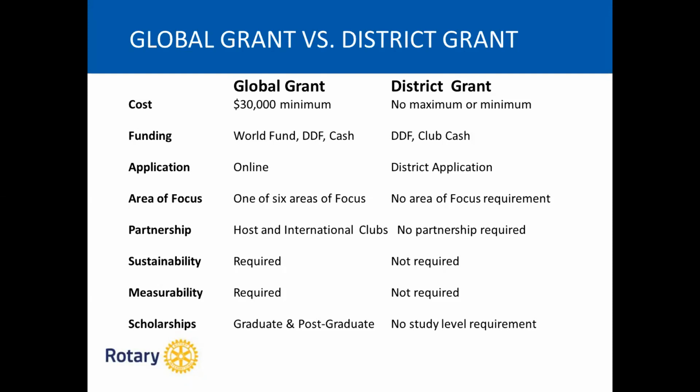The global grant has to use one of the 6 areas of focus. It has to have a partnership of host and international clubs. It has a sustainability that has to be verified, and it has to be measured. As you notice, both global grants and district grants can fund scholarships. Global grants are for graduate and postgraduate work, and district grants can be used for any level of study.